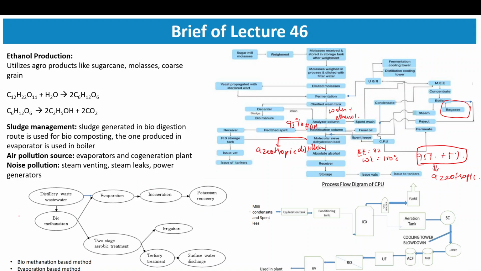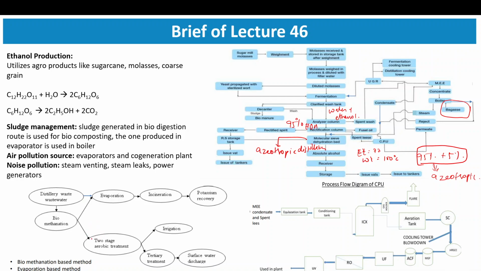Another is the biomethanation strategy, where first biomethanation occurs, and later you have aerobic treatment to deal with BOD, since here you deal with sugar cane or molasses, which is a biodegradable solid. It will mainly constitute some organics.